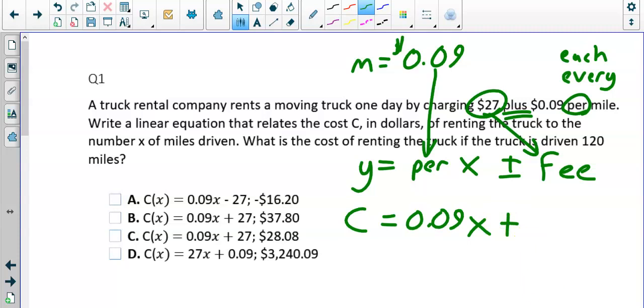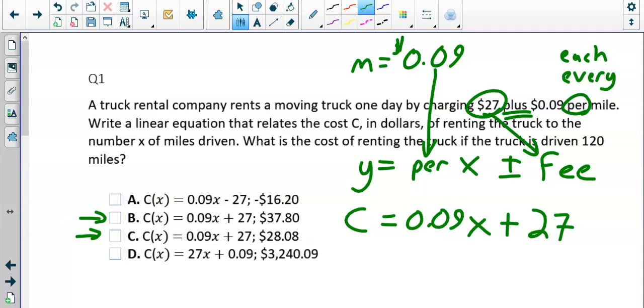What are we going to pay? We don't got to pay 9 cents. What do we got to pay no matter what? The 27, absolutely. So there's our equation. So now if we're looking at our answers, that narrows things down for us. It's either B or C now.